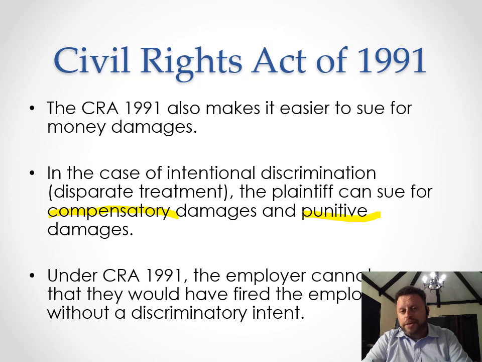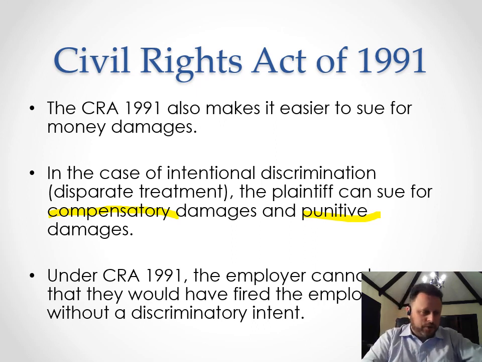You might want the company to stop discriminating, but you wouldn't necessarily want the job. You couldn't get really money though. Now you could get in 1991 punitive damages, which means punishment, that the court might force the company to pay a lot of money to all the people in the protected class as a punishment to the business for being discriminatory in bad faith.